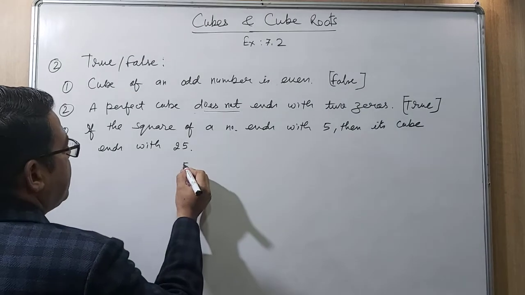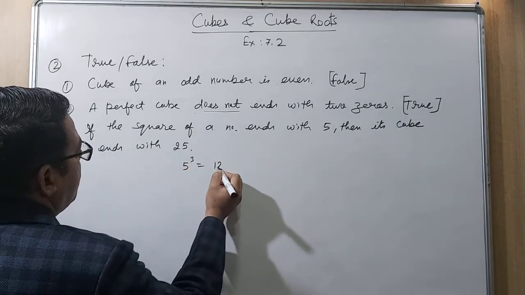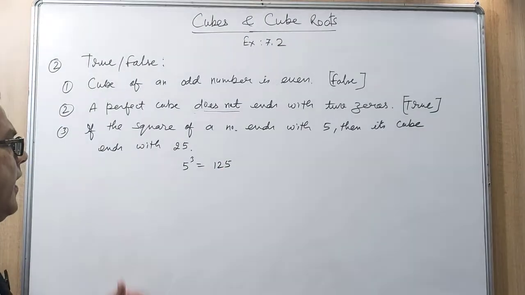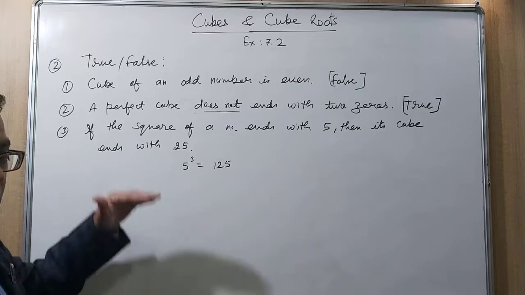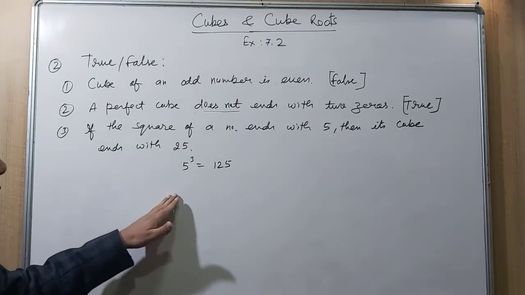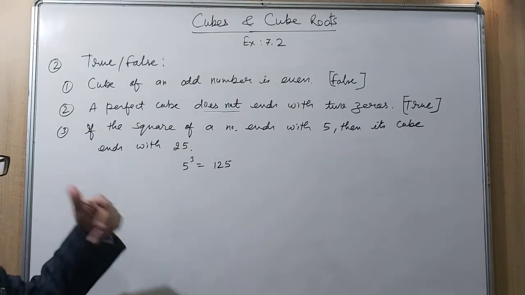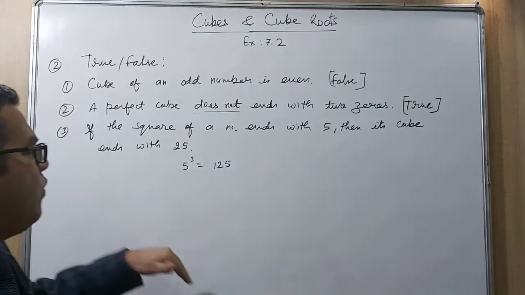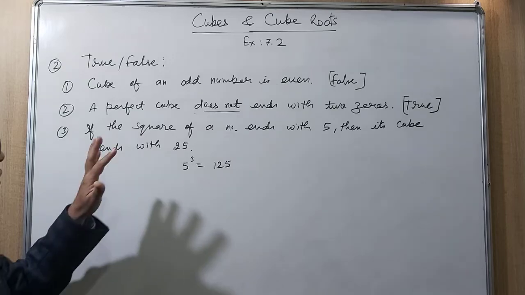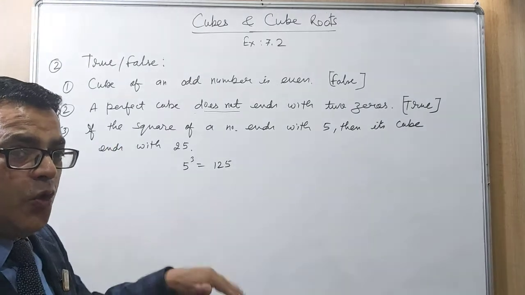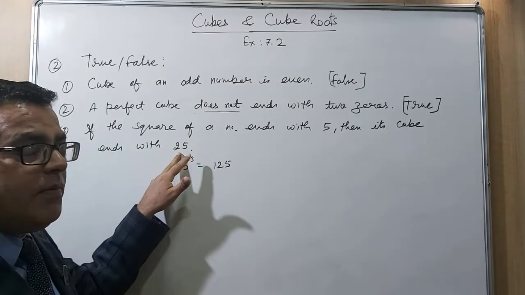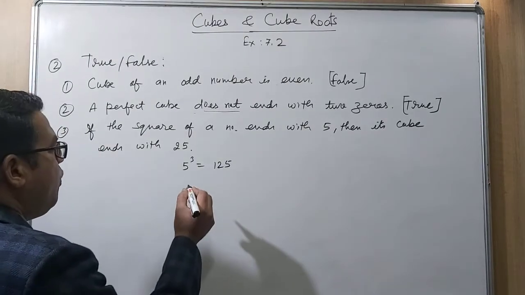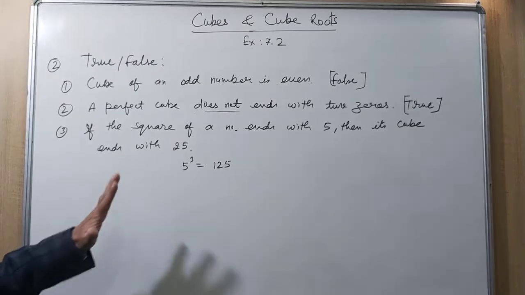Suppose 5 is there, and the cube of 5 is 125, right? And you can check for other numbers also. You can check for 15, for 25, for 35 and any other number which ends with 5. And you will see some cubes end with 25 and some do not. So we can say here for some cases it is true.